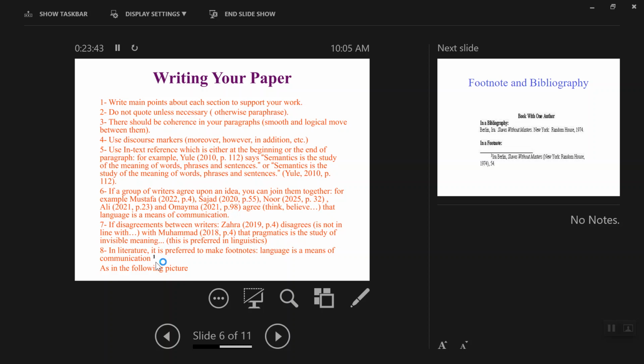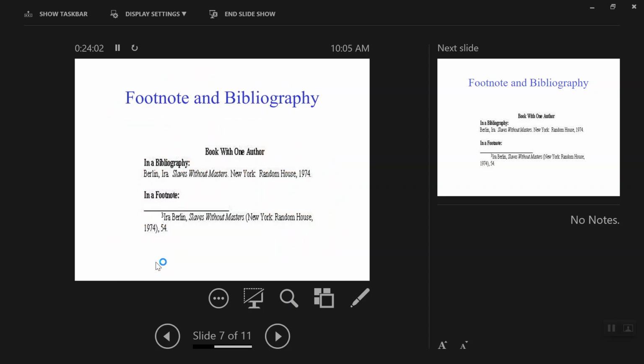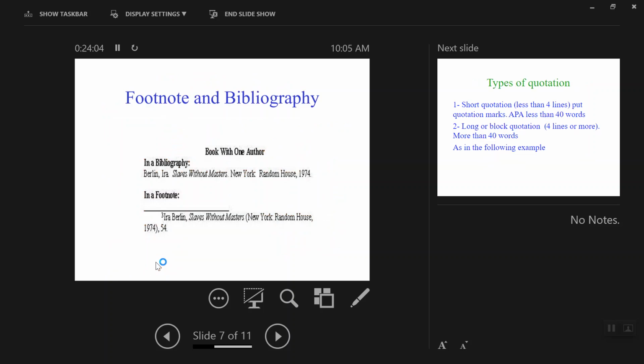And at the end of the chapter, for example, the first chapter or first section, you have an endnote. You write the same information here: the name, year, page. And at the end, for example in the references or bibliography, you can write full details. Here I have given you an example of a footnote and bibliography. See here.